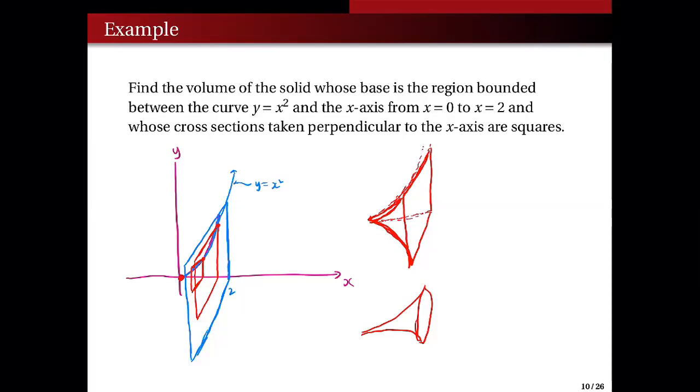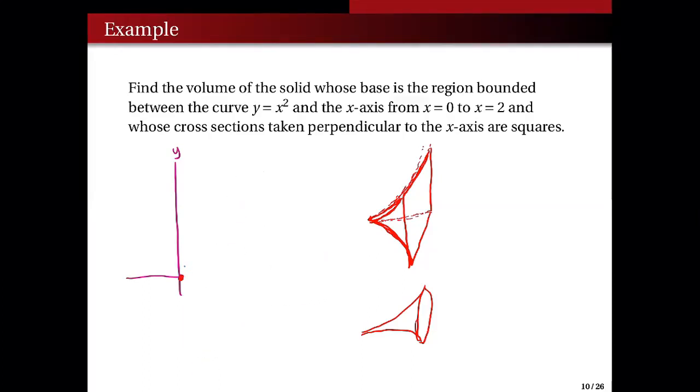So the question is, what will be our area function? If we go back to this, let me redraw this. You have y equals x squared. This is your x equals 2. This is x equals 0.